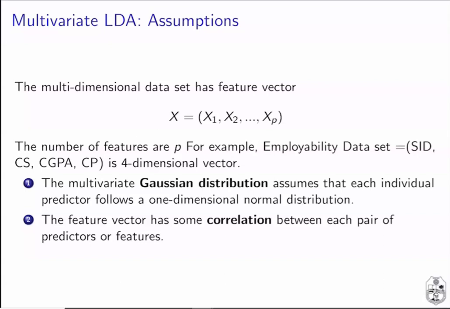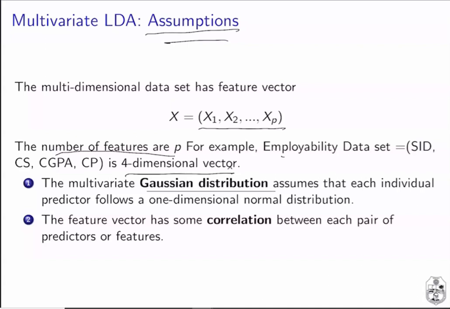Now, in multivariate linear discriminant analysis, the assumption that we are making is that there are p number of input features, and here p means the number of features. For example, in case of the employability data set, this is a 4-dimensional vector, and this data set has the characteristics of the Gaussian distribution for each individual variable.